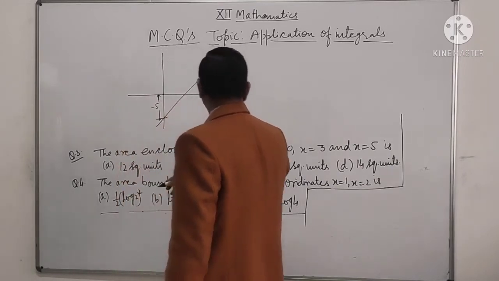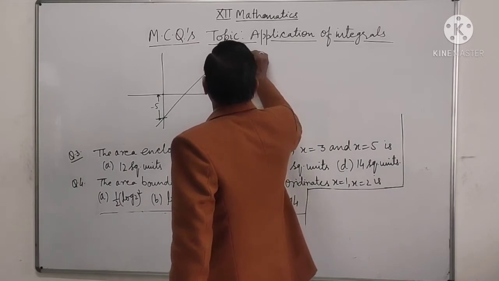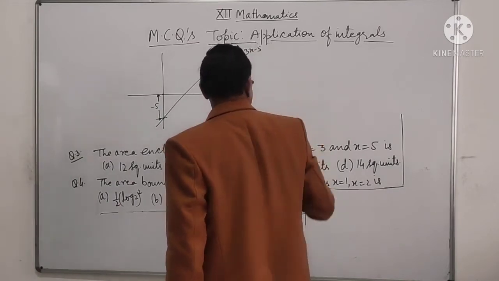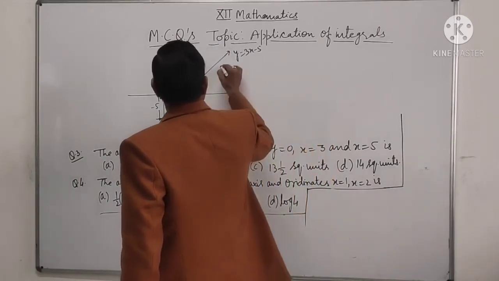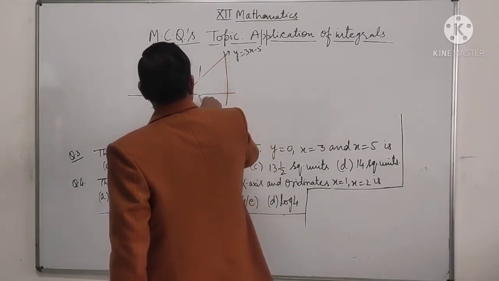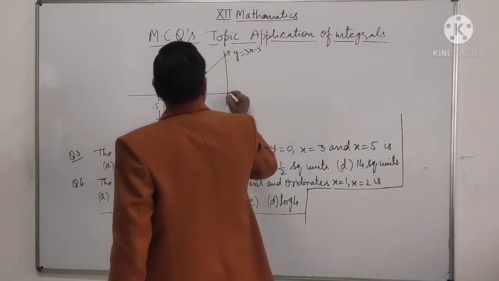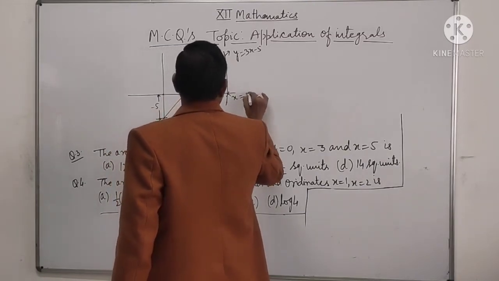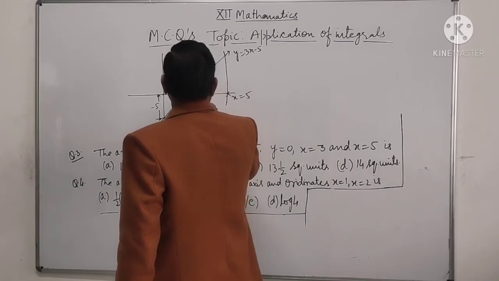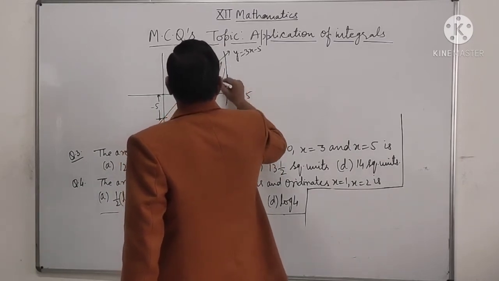Then there is a line y equal to 3x minus 5, x equal to 3 and x equal to 5 is here. x equal to 5 and x equal to 3. This is the required shaded area.